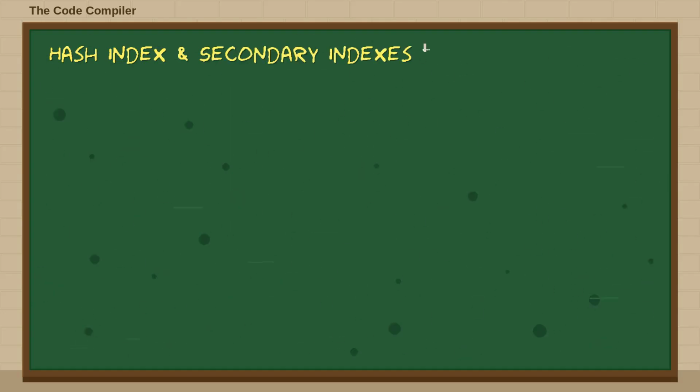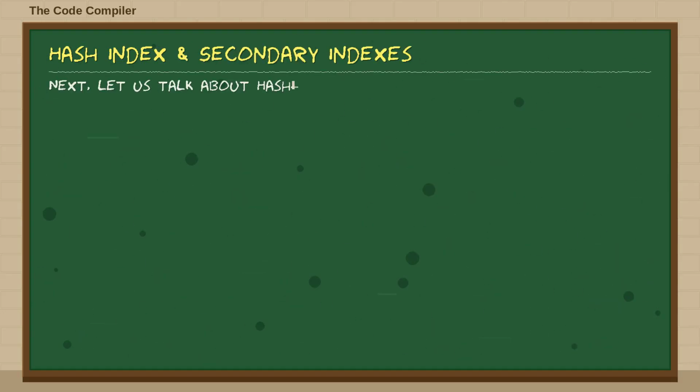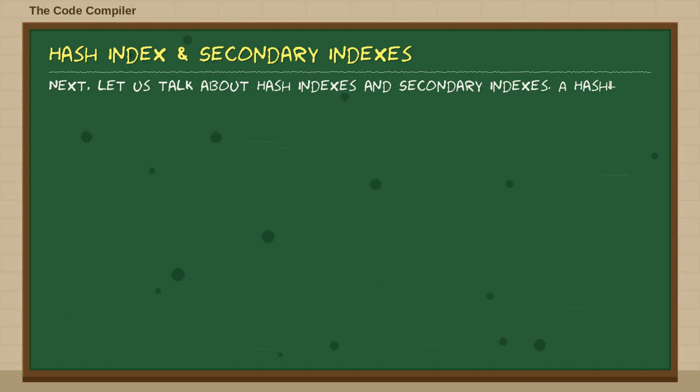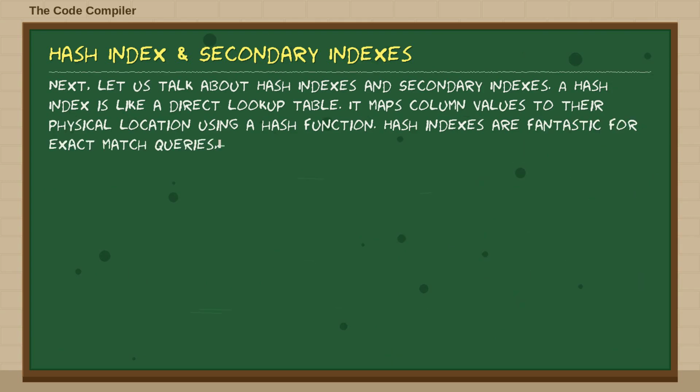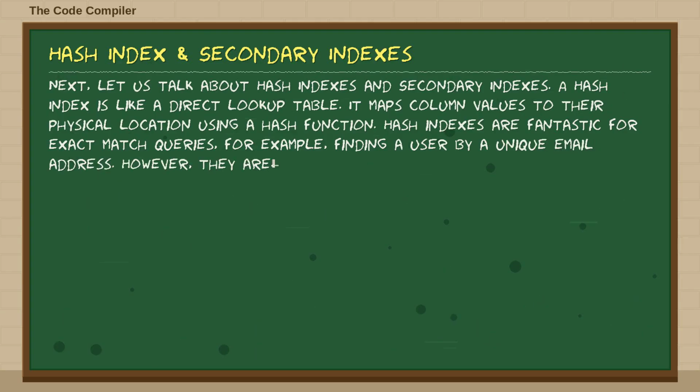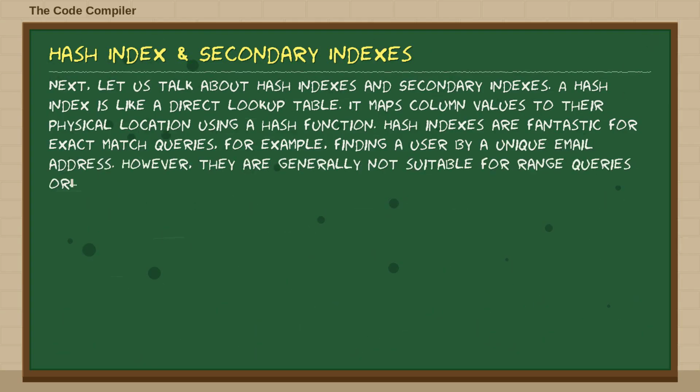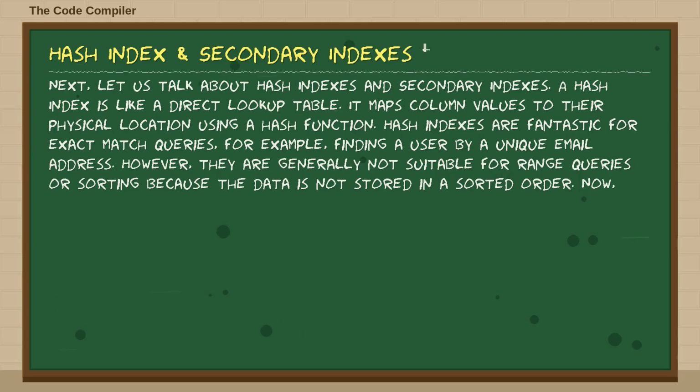Next, let us talk about hash indexes and secondary indexes. A hash index is like a direct lookup table. It maps column values to their physical location using a hash function. Hash indexes are fantastic for exact match queries, for example, finding a user by a unique email address. However, they are generally not suitable for range queries or sorting because the data is not stored in a sorted order. Now, what about secondary indexes?